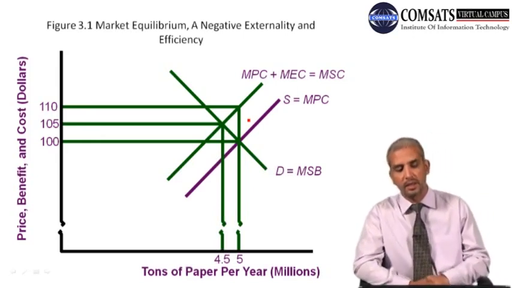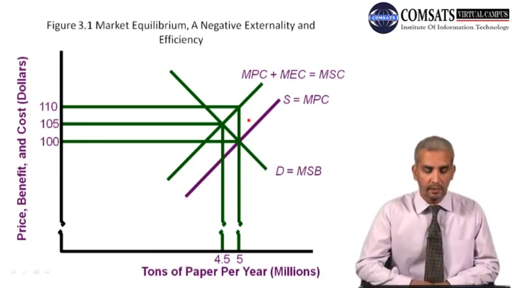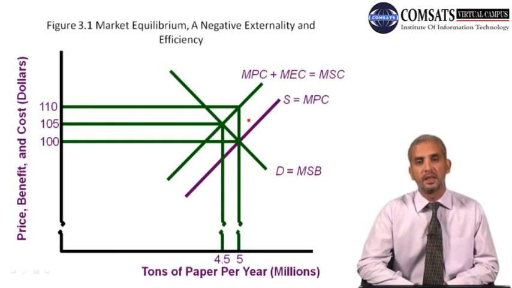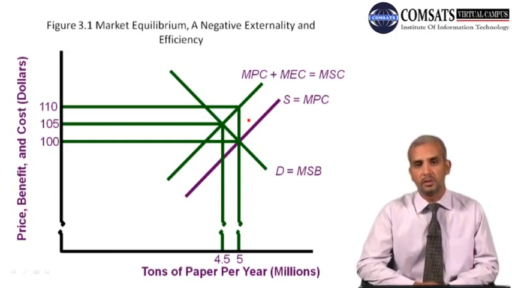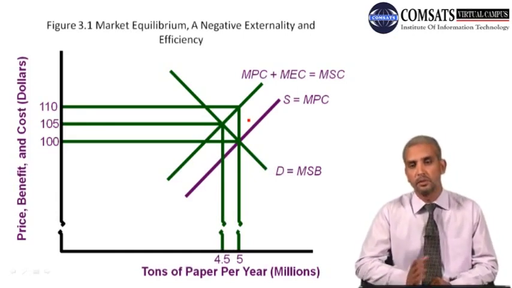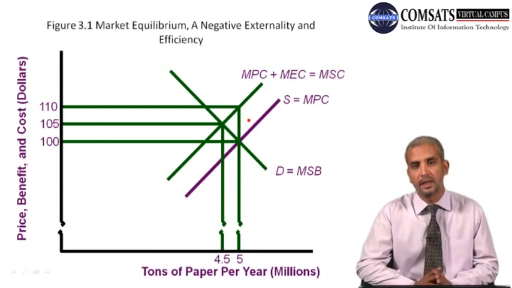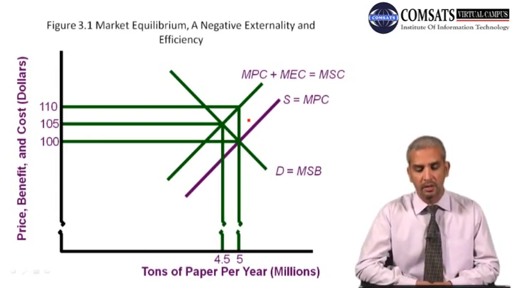But still, for this analysis, we would consider that we actually know the external cost, which in this case is $10 for polluting that lake. We have another assumption, that the external cost remains constant over the quantity being produced. Normally, if we produced more quantity, the pollution would increase, but to simplify our analysis, we consider for now that the external cost is constant at $10 per ton per year.